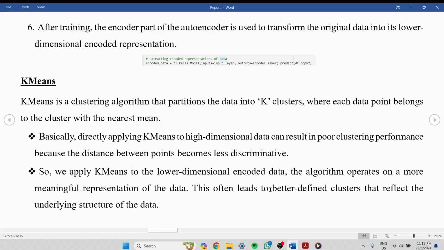This often leads to better defined clusters that reflect the underlying structure of the data. So we can see here that K-means and autoencoders are related to each other. K-means needs autoencoders to conduct the data in a more efficient way.